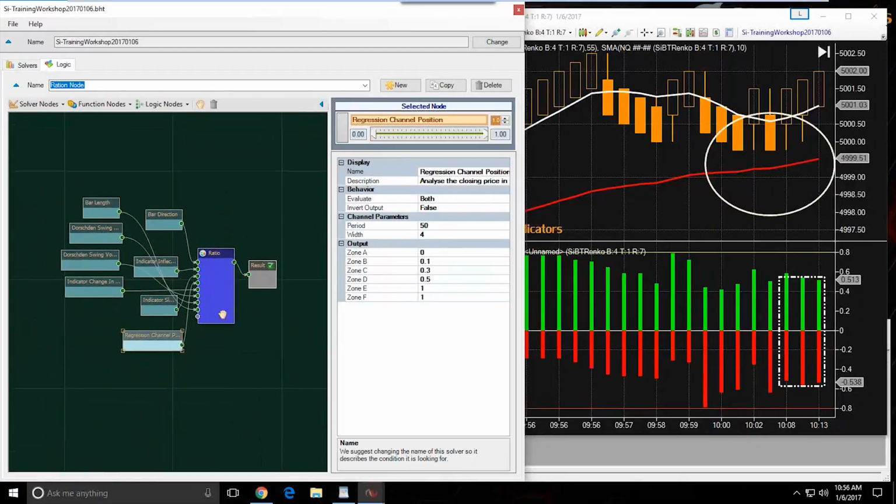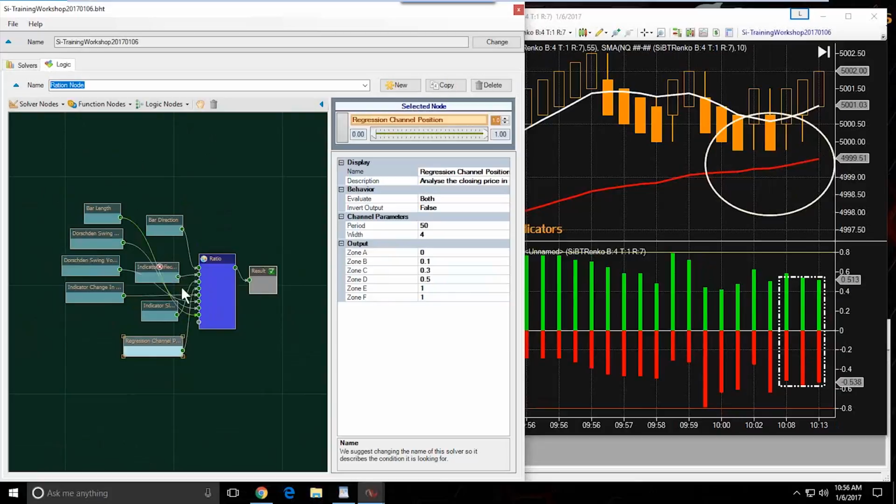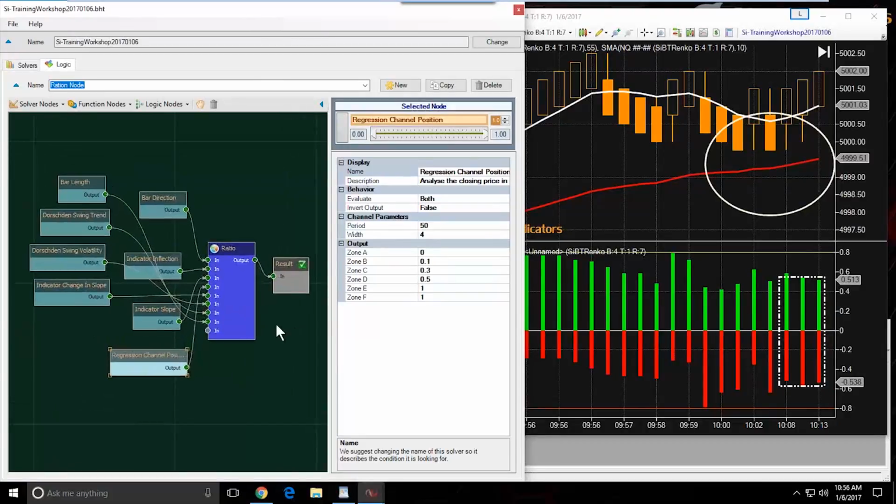I don't have 10 solvers here, but I have 8 solvers, so each solver is only worth an eighth, which is about 12.5%. So the more solvers you plug into a ratio, the less each solver is worth. Right, Vlad, I hope that gives you a quick summary of the ratio node.